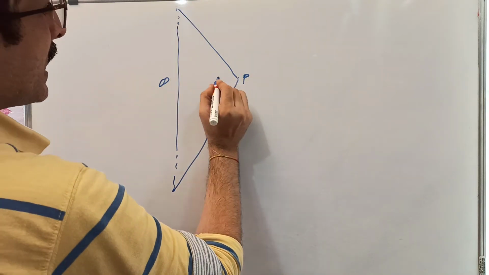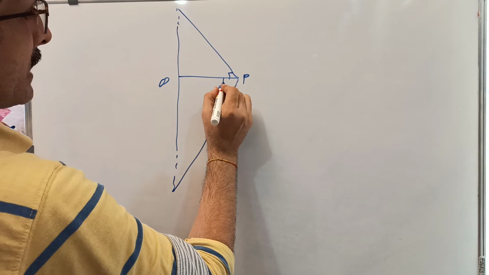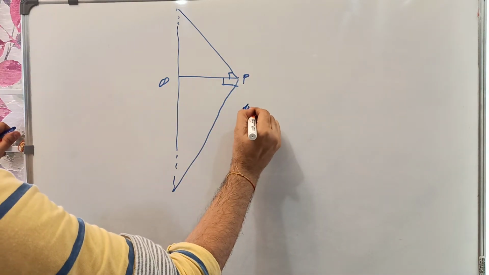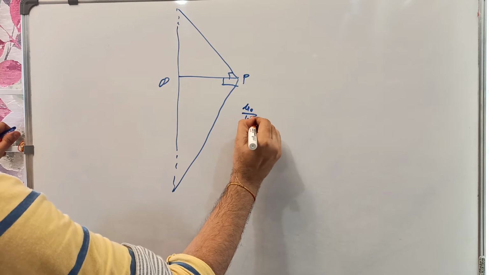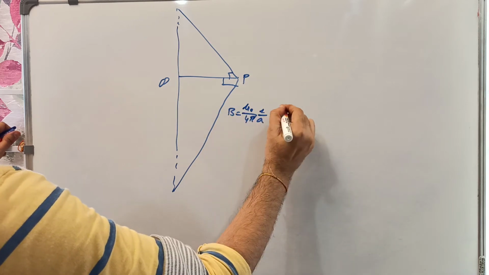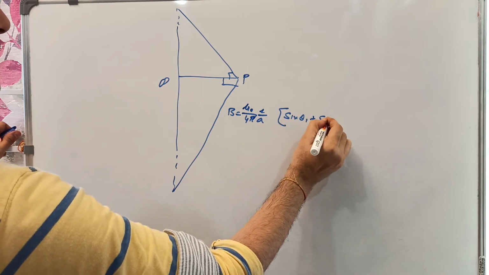So this angle will be 90, and this would be 90. Again, B is equal to mu naught by 4 pi, I by a, into sine theta 1 plus sine theta 2.